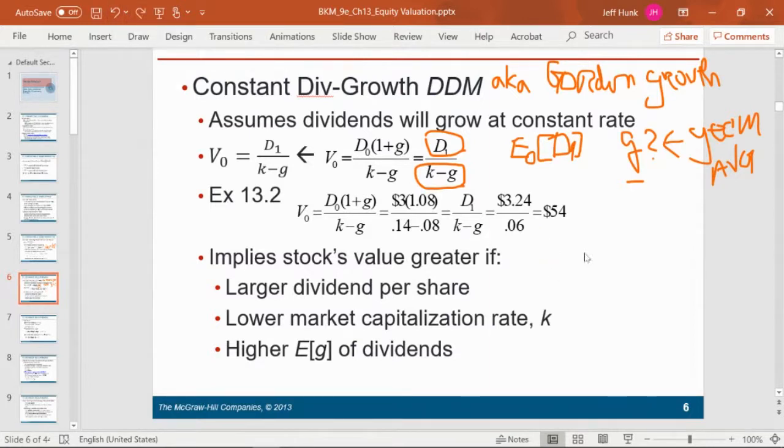For example, we gather dividend data. Let's say year 5, 4, 3, 2, 1.